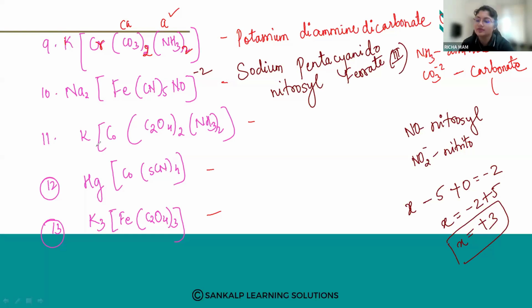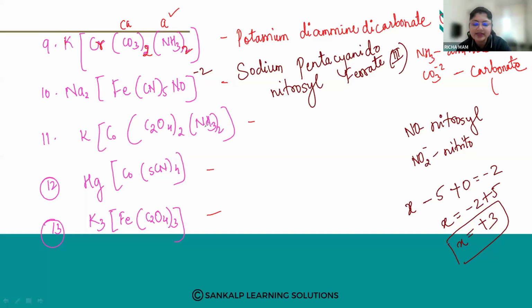Next one, students. So 3 more are there. Next one. So again, C2O4 is oxalato. C2O4 is oxalato. And NH3 is amine.